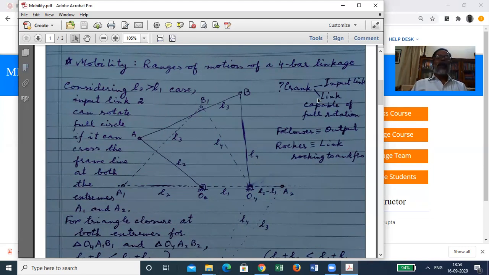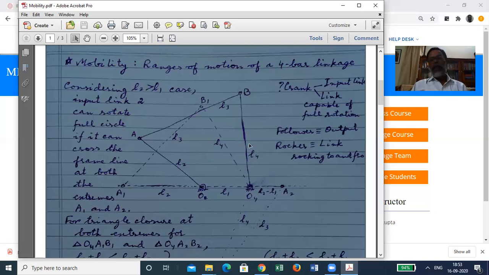Okay, so follower is actually a very simple thing, which is always the output link. If this is the output, of course, this is the follower. Whether this is output or not, that's a different thing. Now, why I am telling that is that for one kind of tasks, this will be the output. That is, input of this link will be transmitted through some transformation to this link.